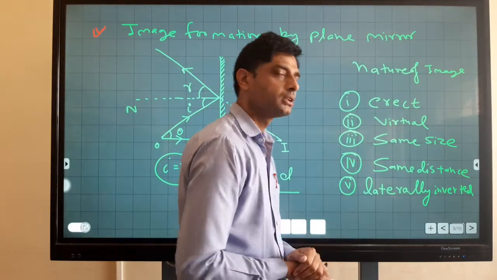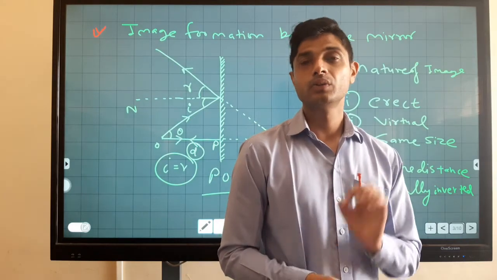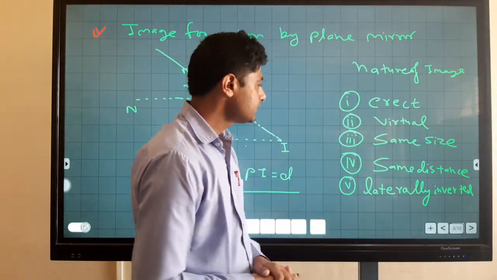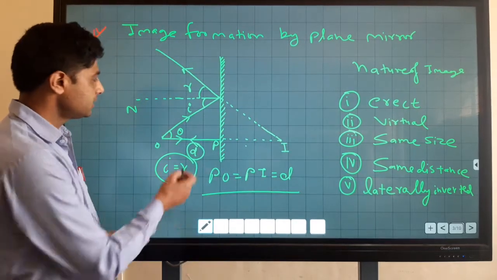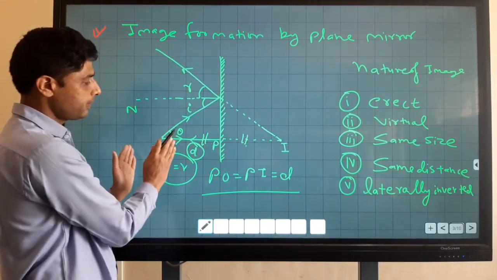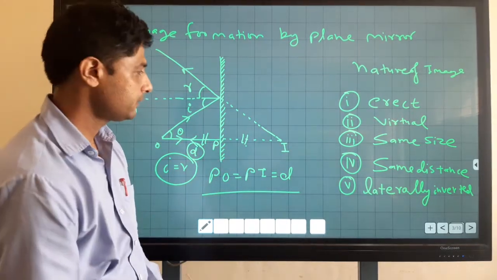Same size: the image obtained by a plane mirror is always the same size. Same distance: the distance of the object from the plane mirror is equal to the distance of the image from the plane mirror.